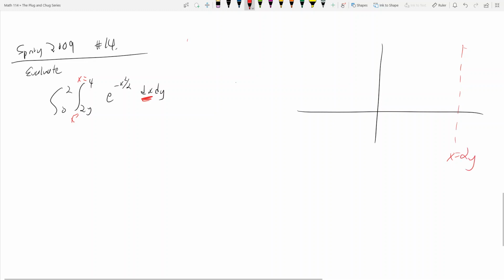And x equals 2y, well, if you divide both sides by 2, that's the same thing as saying 1/2 x is equal to y. And we all know what that looks like, too. It's this guy with slope 1/2. Oh, whoa, I actually gave it away. Well, not really. This is x is equal to 4. And this guy is x is equal to 2y, which we also wrote as y is equal to 1/2 x.